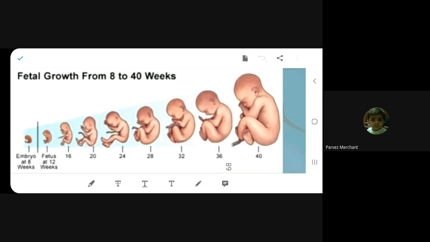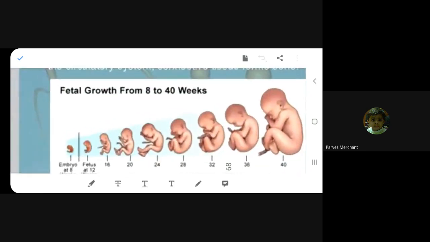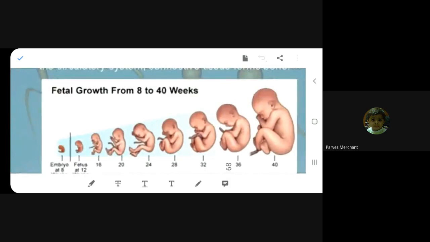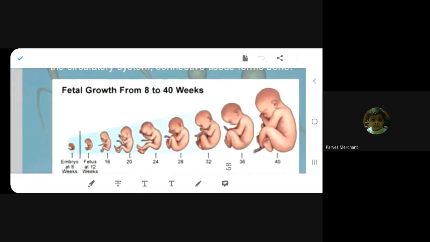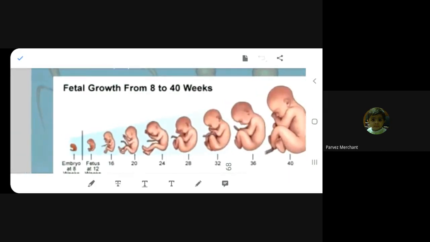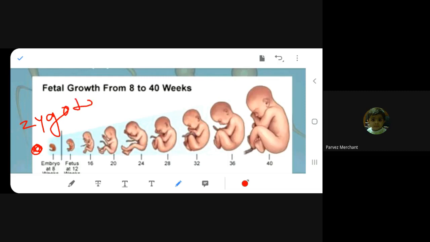Boys, do you understand? Here, before the embryo, we have a cell which is known as the zygote. So zygote, then we have embryo, and then we have fetus.